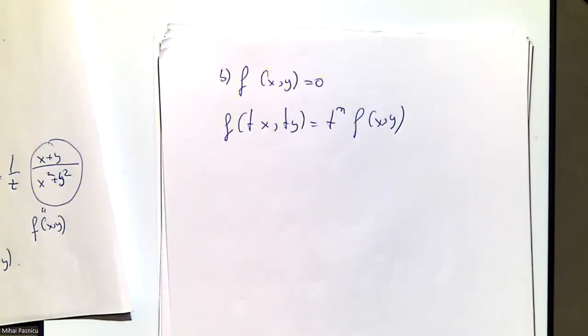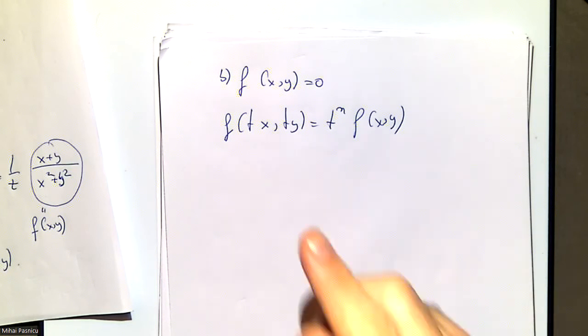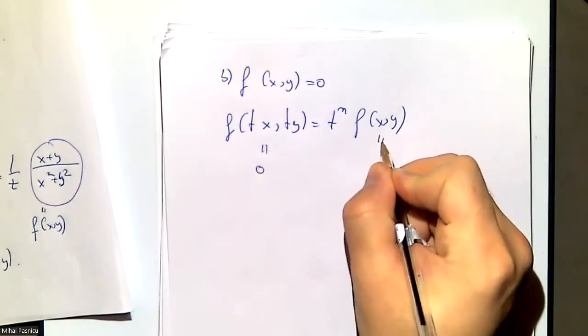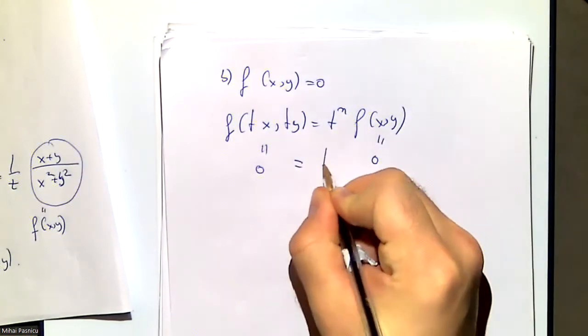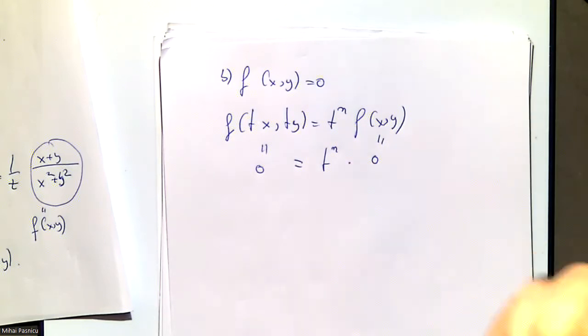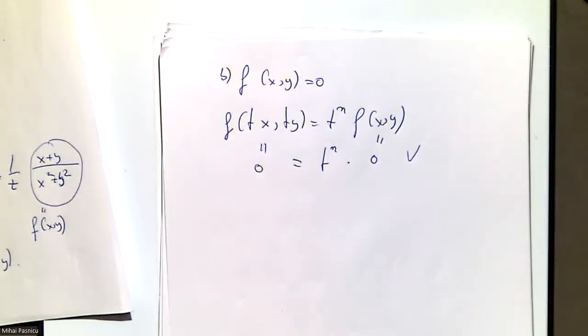Okay, this is the definition of homogeneous, but you know that the function is 0 everywhere. So it means this is 0, it means this is 0. So you have 0 is equal to t to the power of n times 0, which is true for any t and any n. Right, 0 times 0 is equal to 0.